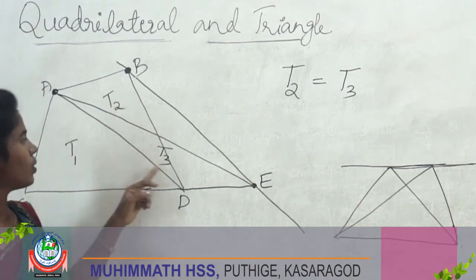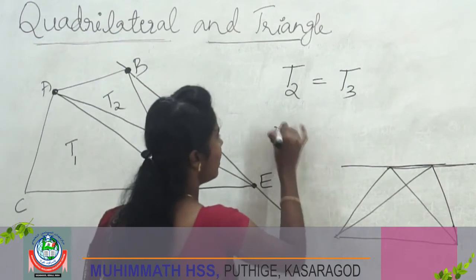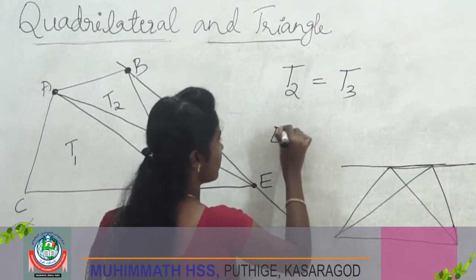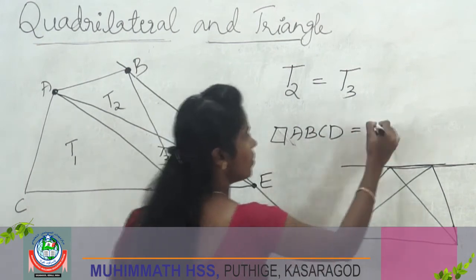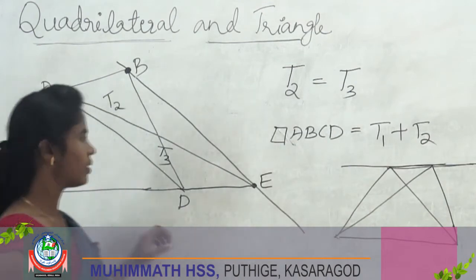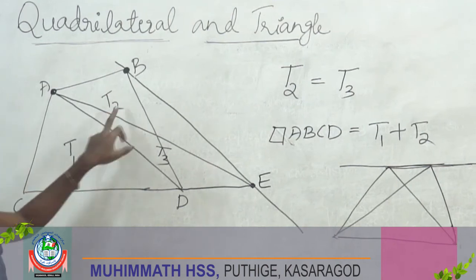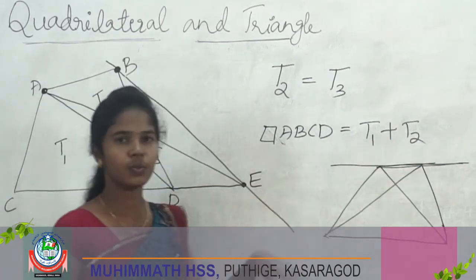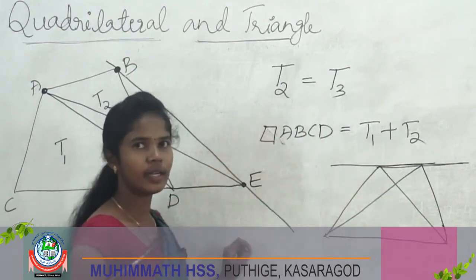So T2 equals T3, and quadrilateral ABCD equals T1 plus T2. That is, the area of the quadrilateral is equal to the area of these two triangles, T1 plus T2, and here T2 is equal to T3.